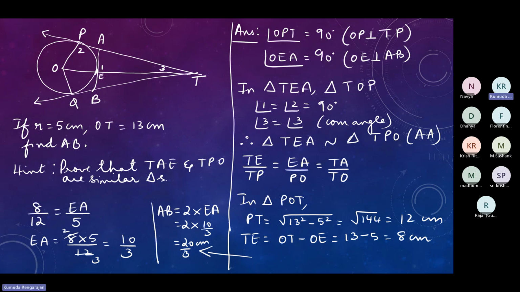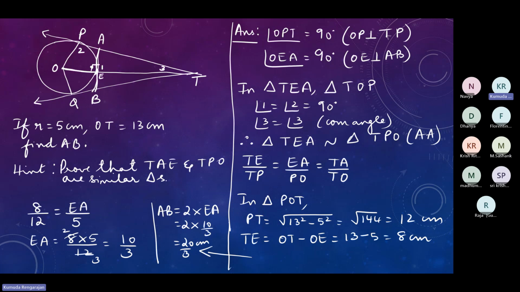Okay, so here OE is a radius, AB is a tangent. So this is 90 degrees. Radius perpendicular to tangent. So angle 1 is also 90 degrees.